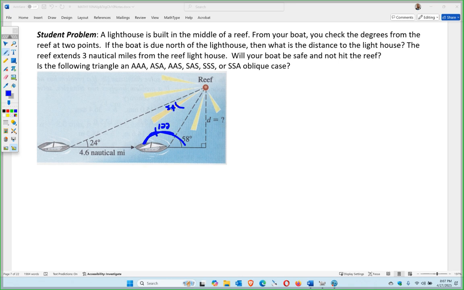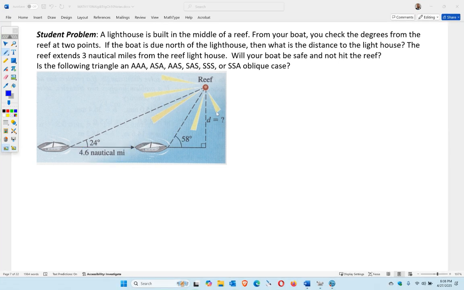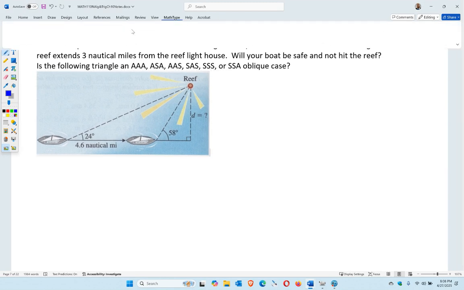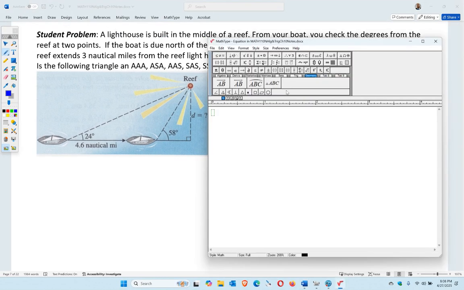So because this is a non-right triangle, I have an angle and a side now that'll give me a ratio for this non-right triangle. So this is 34 degrees and 4.6 miles. Okay, so let's shrink this down a little bit, and we'll do our little math type over here. Let's do the angles first. We had 180 degrees minus the 58.